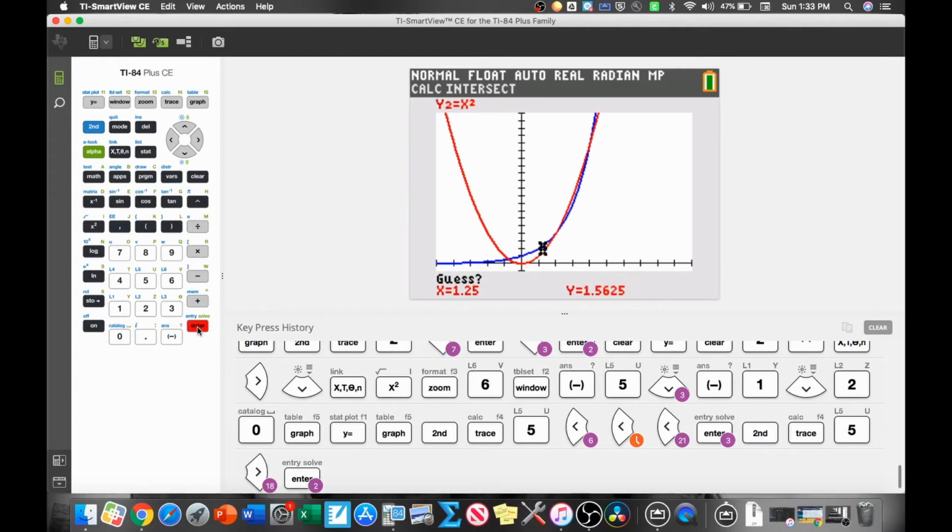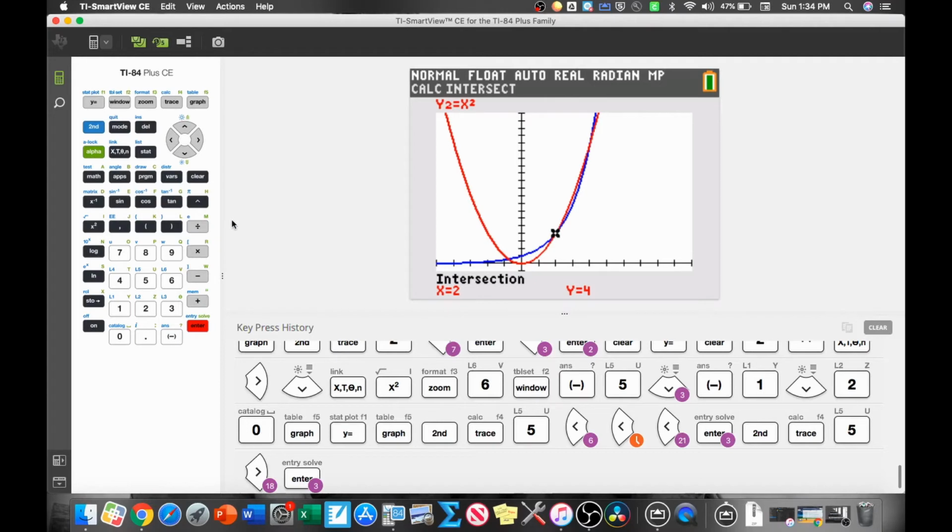Second curve, hit enter, and guess? There's our second intersection, a very nice one. Our second intersection is at the ordered pair 2, 4. And you probably could have figured out that those two functions share that ordered pair, right? 2 squared is 4, and 2 squared is 4. When x is 2, both of those functions equal 4.